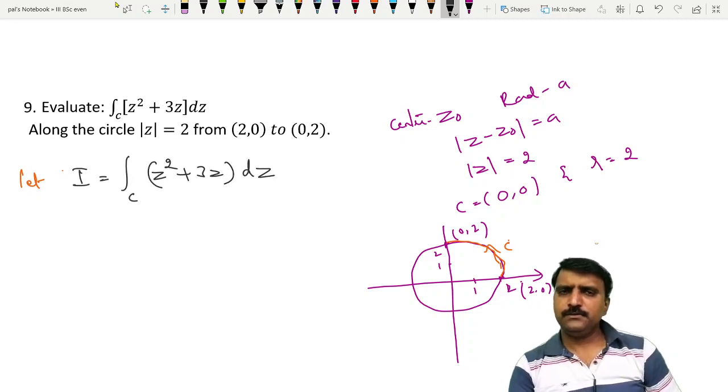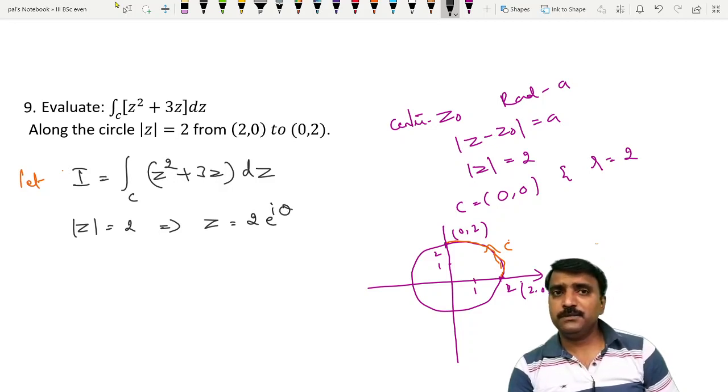As you know that mod z is r in general, z can be written as z is equal to r into e power i theta in complex numbers. So mod z is equal to 2 can be written as z is equal to 2 into e power i theta.